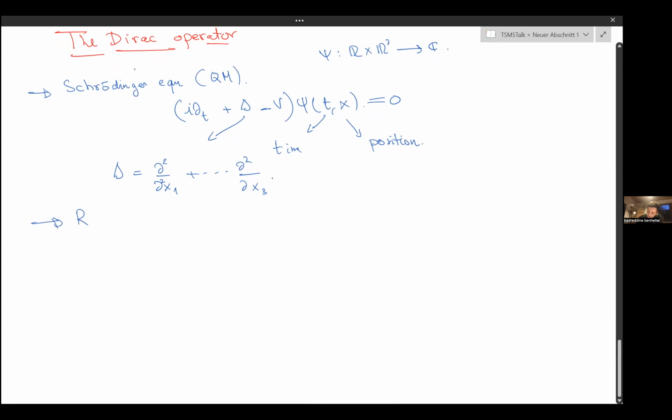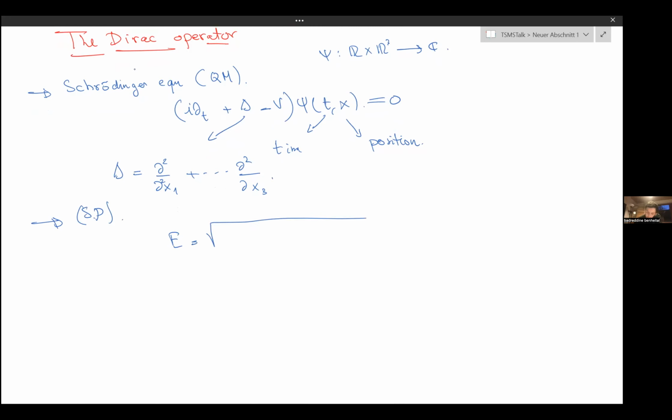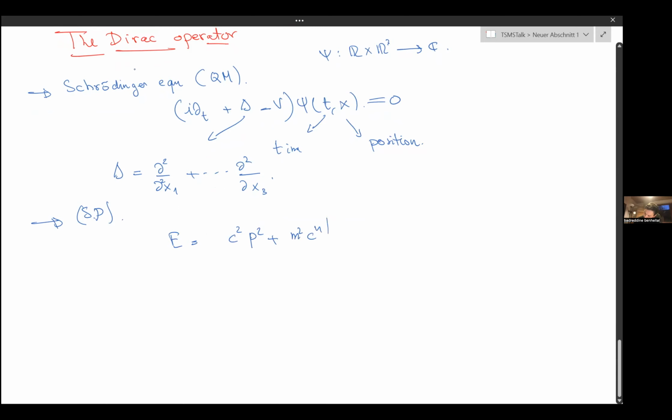And you have special relativity. In particular, in special relativity you have this Pythagorean relation: E squared equals p squared c squared plus m squared c to the fourth.